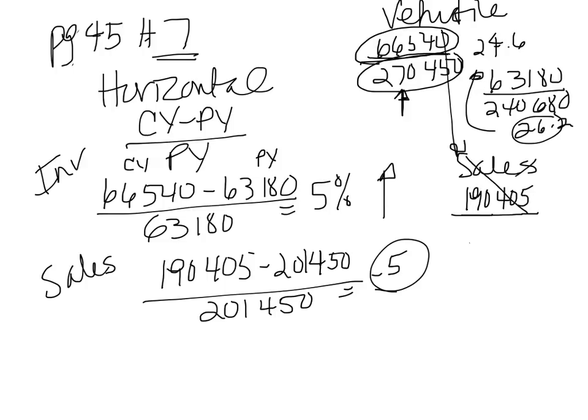So in the information they gave us, we can't do the vertical analysis for sales; we can only do it for inventory. To do it for sales, we would need another account on the income statement. Since it would be the account divided by the total sales, you'd get 100%.